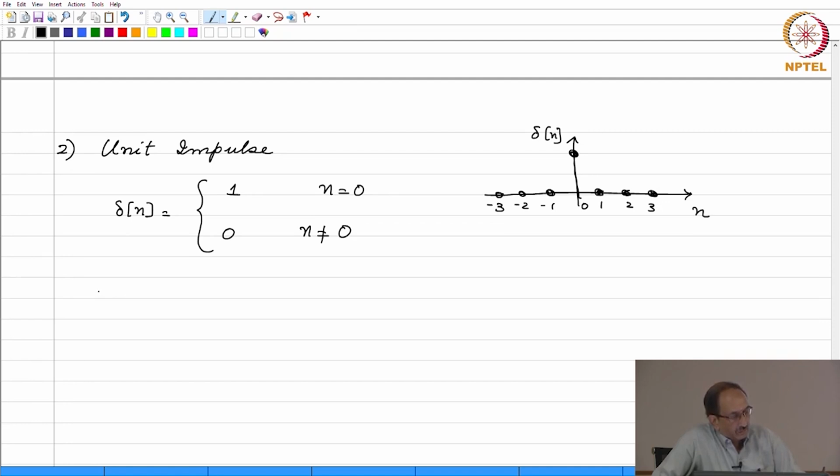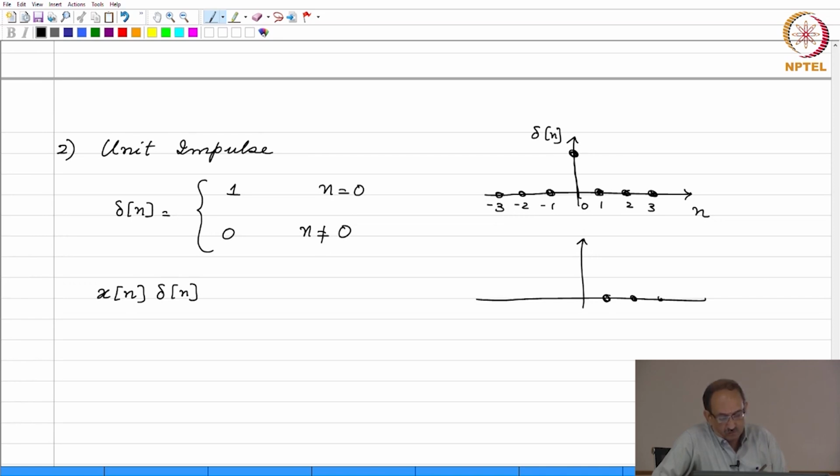And one of the things that happens when you multiply an arbitrary sequence x of n with delta of n: you are going to multiply this delta of n with an arbitrary sequence. At every other point, namely when n is not equal to 0, delta of n is 0, therefore the product is 0.